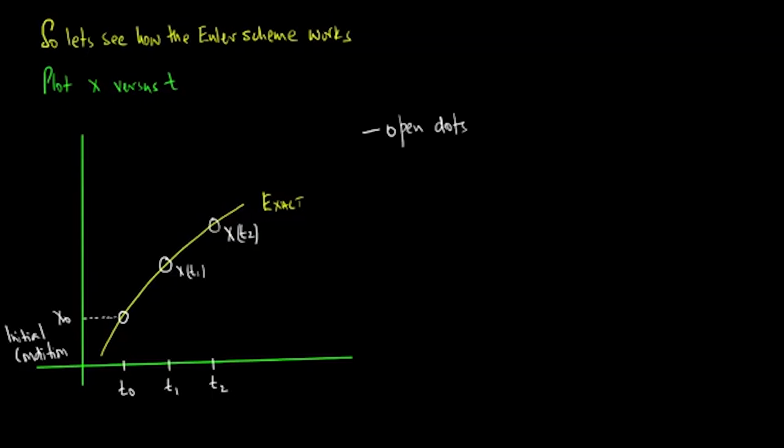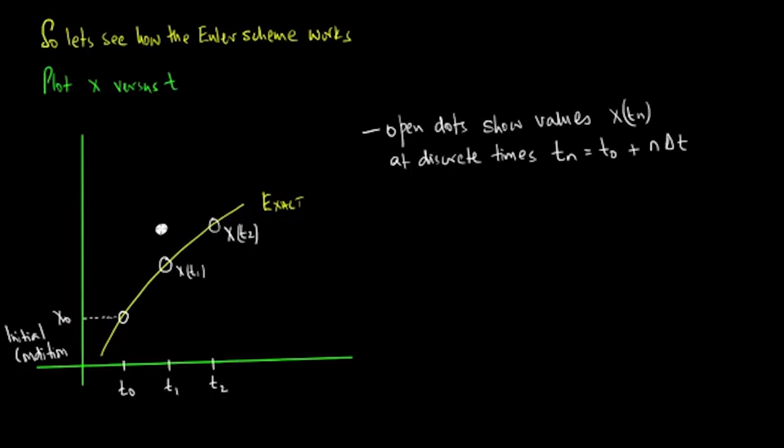The open dots show values x of tn at discrete times tn is equal to t naught plus n times delta t. We then highlight values from Euler's scheme, x1 and x2. That comes from Euler's scheme, and we go ahead and connect the dots.